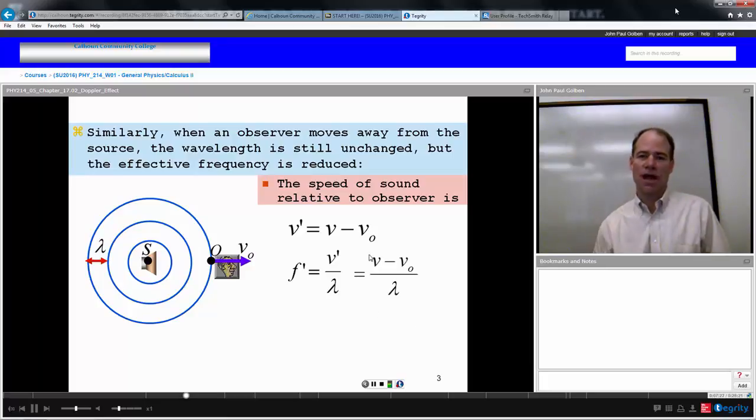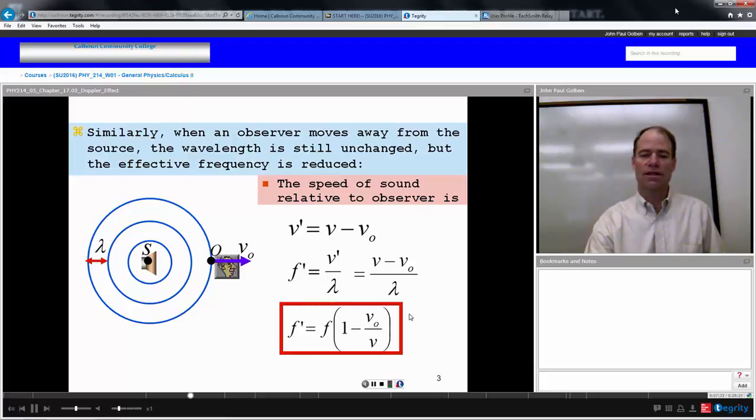That will be the velocity of sound, 343 meters per second, minus my velocity, divided by the wavelength of sound. And so I get this: the observed frequency will equal the actual frequency put out by the source times 1 minus my velocity divided by the velocity of sound.